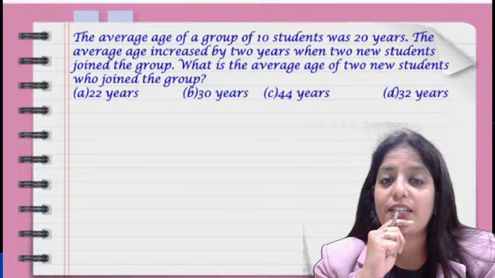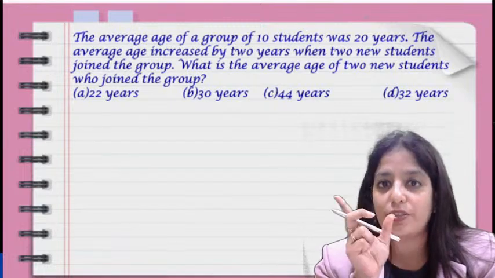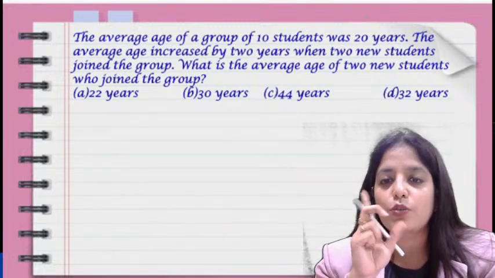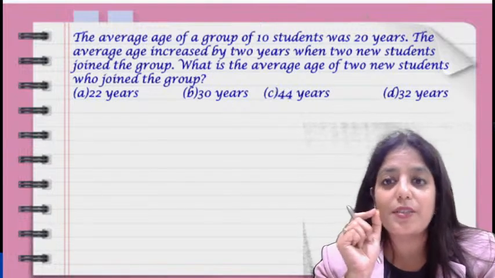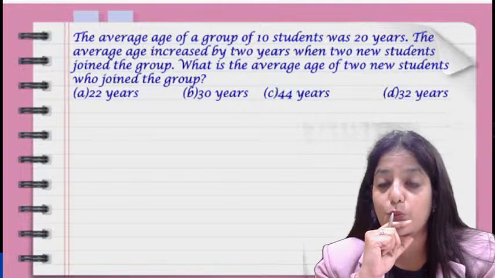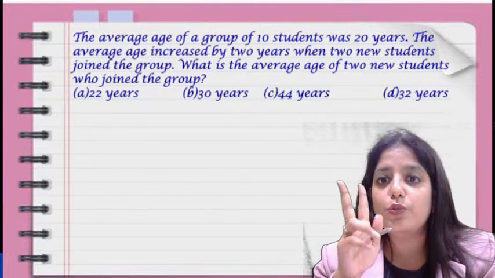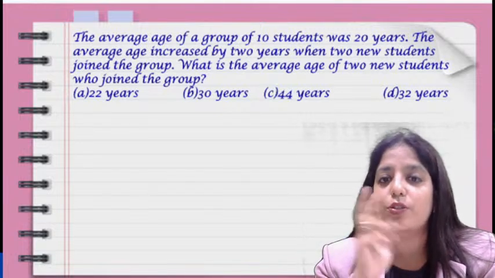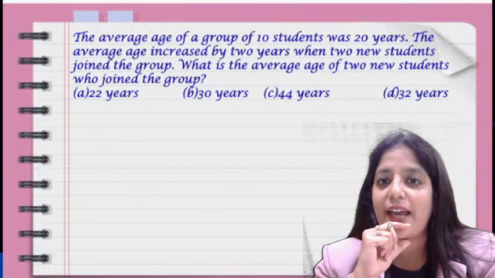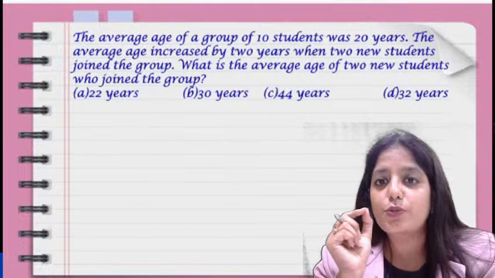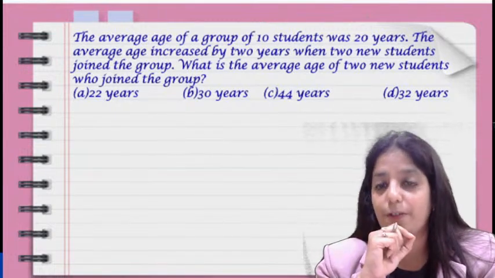The average age increases by 2 years. So initially what was it? 20. It increases by 2 years. That means it becomes how much? 22. When 2 new students joined the group, n becomes how much? 12. What is the average age of the 2 new students who joined the group?